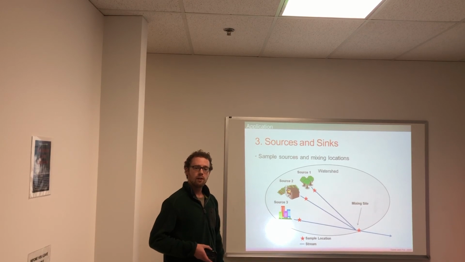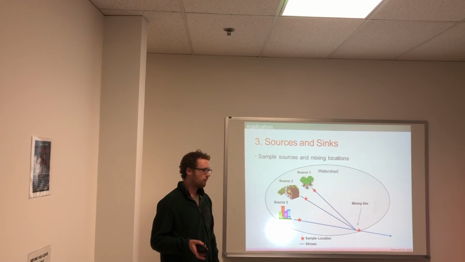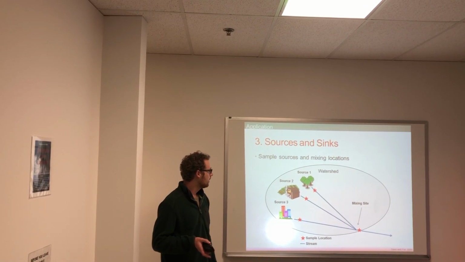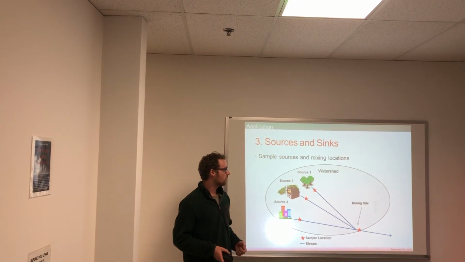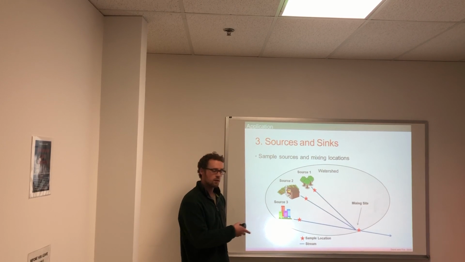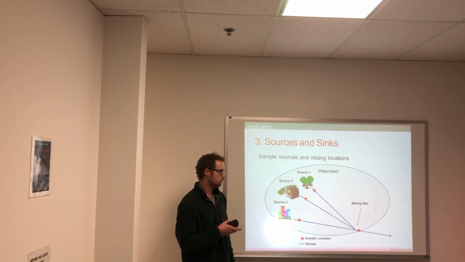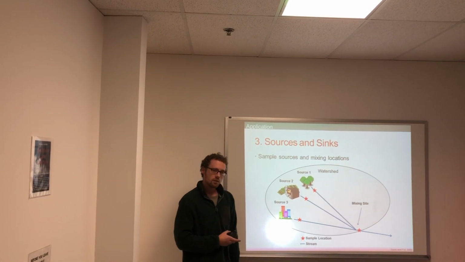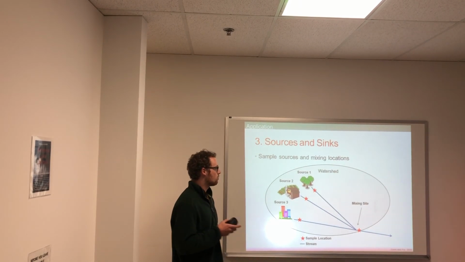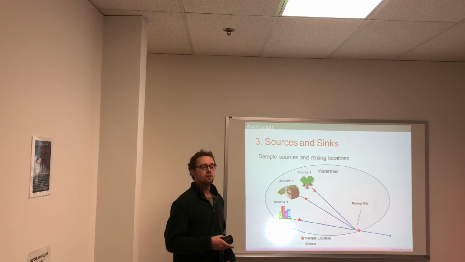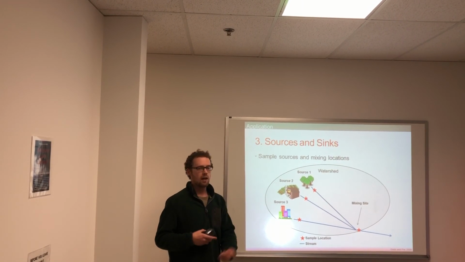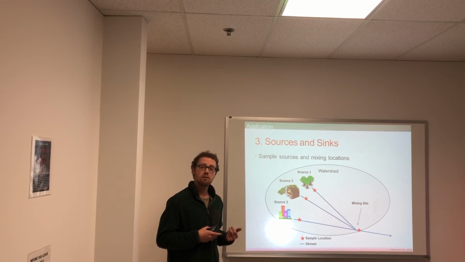Now, in order to correctly use this fingerprinting technology, you need to measure the concentration or the characteristic of your tracers at each one of your sources. So at your forest site, your agricultural site, and your urban site, as well as the downstream confluence where all three of these mix. So you have a characteristic of your end member site where they mix, as well as your three sources.